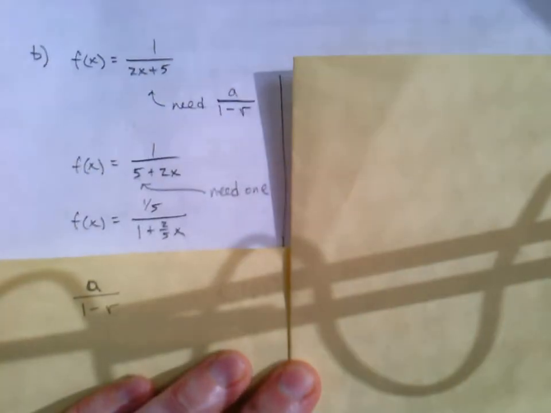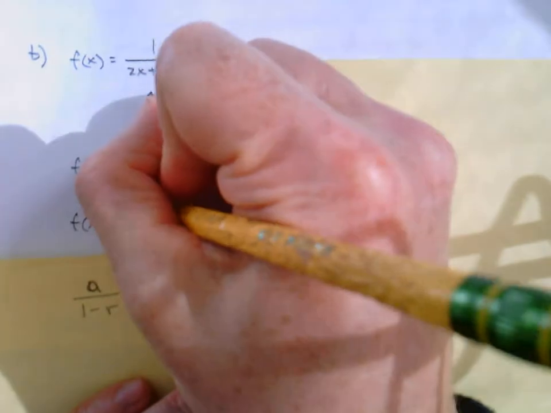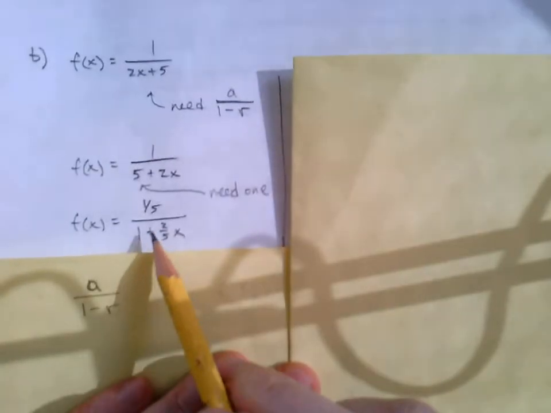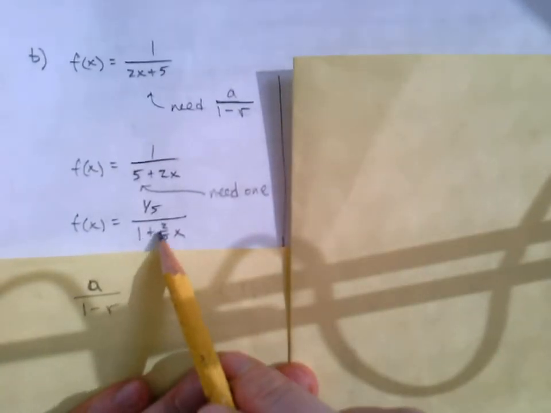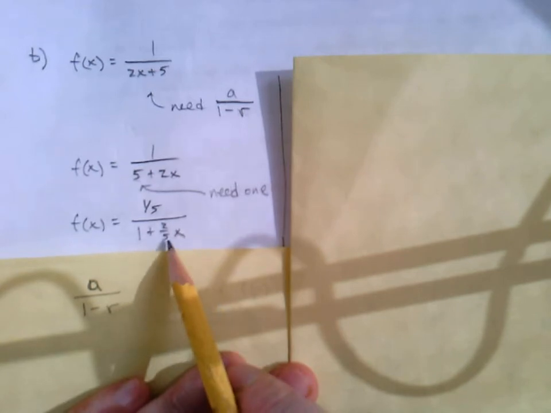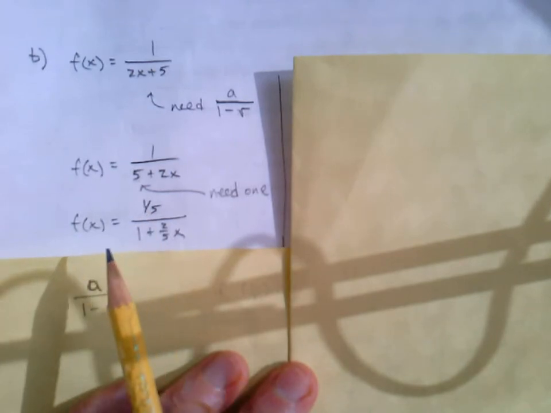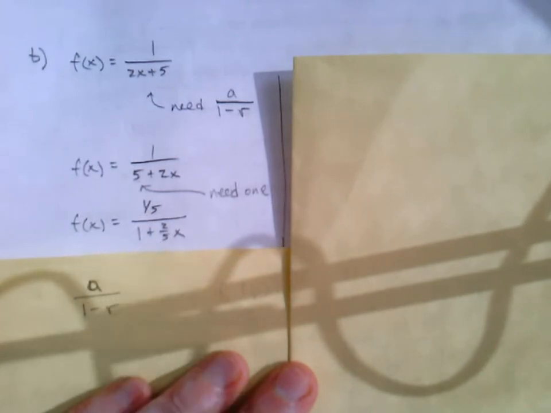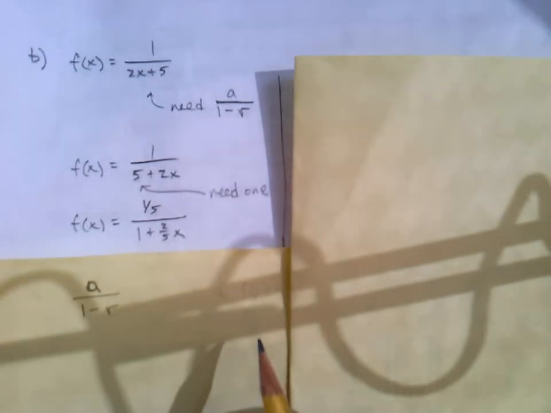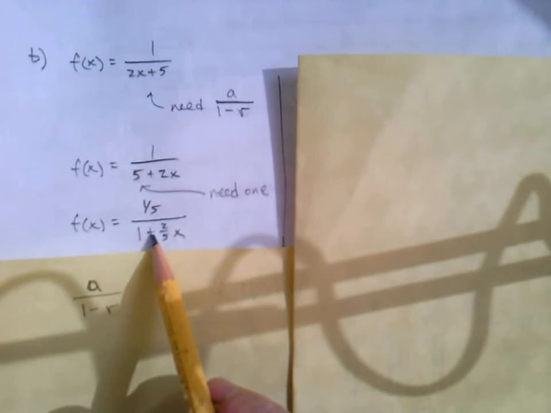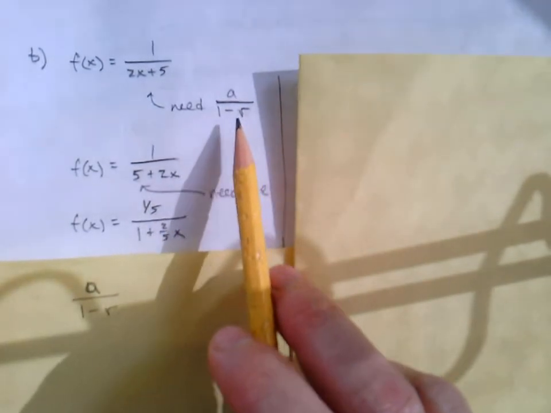That's 1/5 over, that becomes the 1 plus 2/5 x. I kind of like writing it this way with the fraction and the x next to it. So 1/5 over 1 plus 2/5 x. Okay, something else that might be clear to some, but it's easy to miss. I need to have subtraction right there, right? 1 minus r.